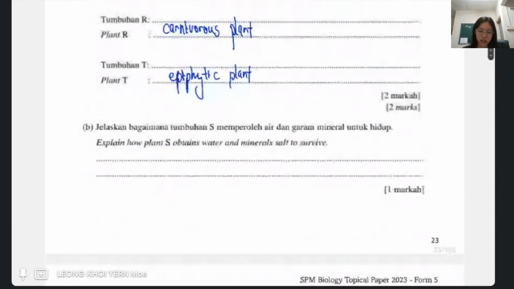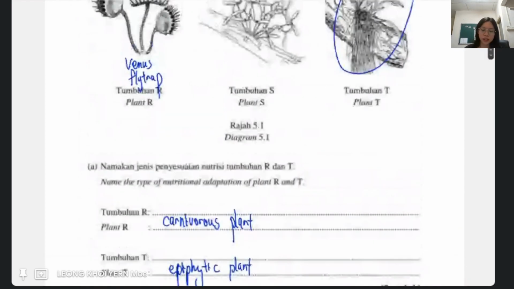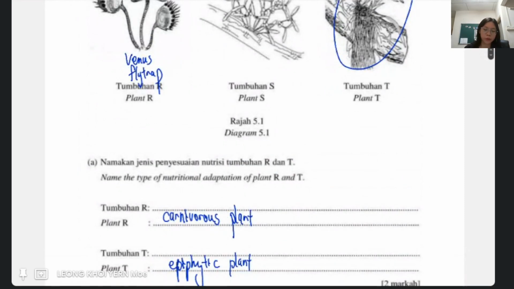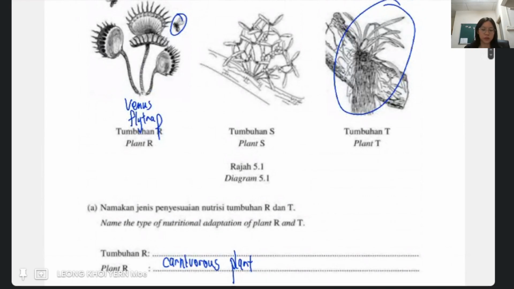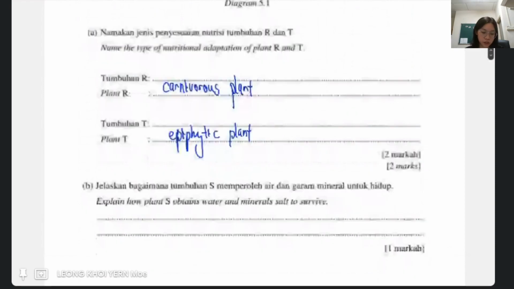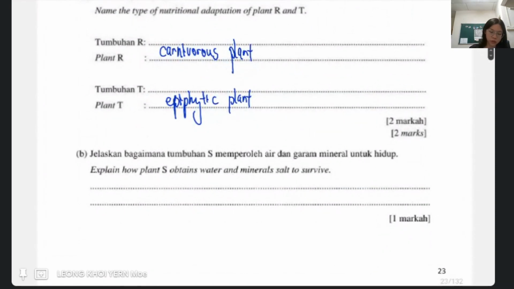But they want us to explain how plants obtain water and mineral salts to survive. Since this one is epiphytic and another one is carnivorous, this one is supposed to be a parasitic plant. So plant S is a parasitic plant. How does it obtain water to survive?